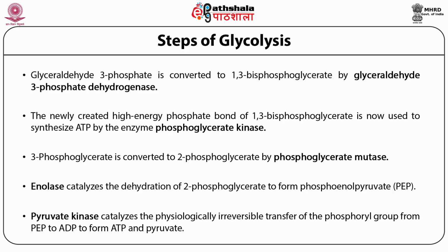So in glycolysis, the fate of glucose is pyruvate. 6-carbon glucose is getting converted into 2 molecules of 3-carbon containing pyruvate. In this, 4 ATPs are produced by the process of substrate level phosphorylation and 2 ATPs are consumed.